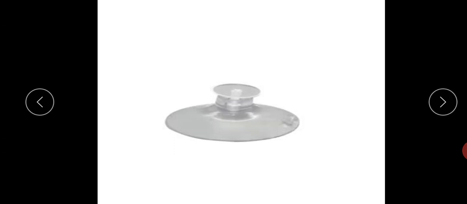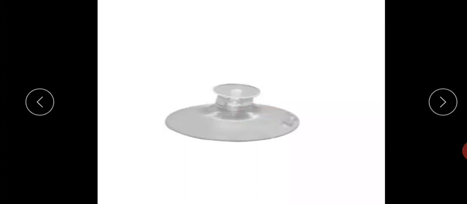When you immediately paste it onto a wall or any other surface, we can notice that some small air bubbles come out of this lining, and then the sucker completely sticks to the surface. Later it is very difficult to pull the sucker out.